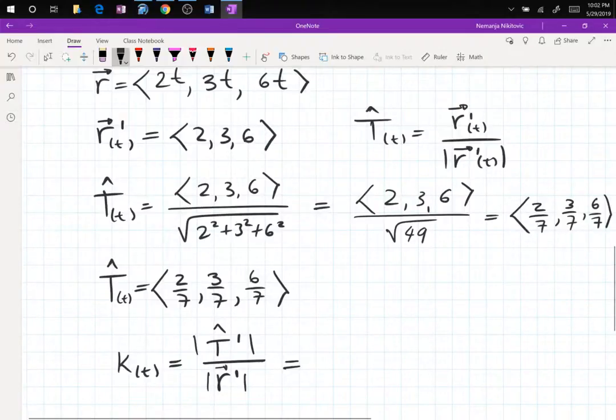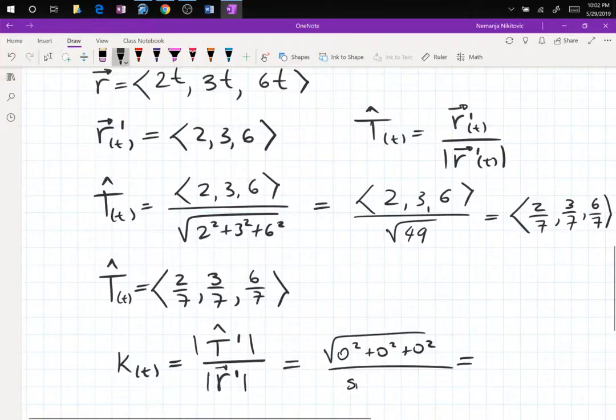Zeros, right? So this becomes the square root of 0 squared plus 0 squared plus 0 squared, which is one big fat 0 over something. I don't even care what this is. Well, actually, I know it's 7. 0 over 7 is equal to 0.